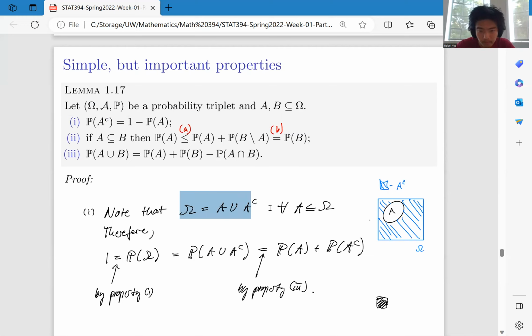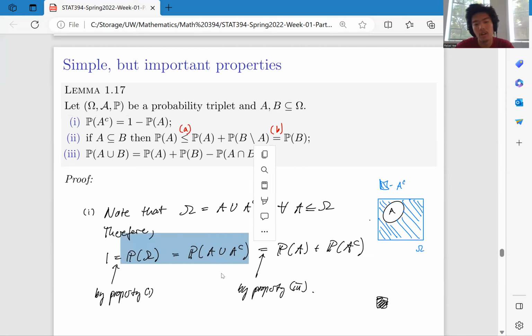And also there's another property of probability: if two sets are equal, their probabilities are also equal. So because we have this equation, we can construct this equation here. The probability of omega happening is the same as this union of the two sets happening.